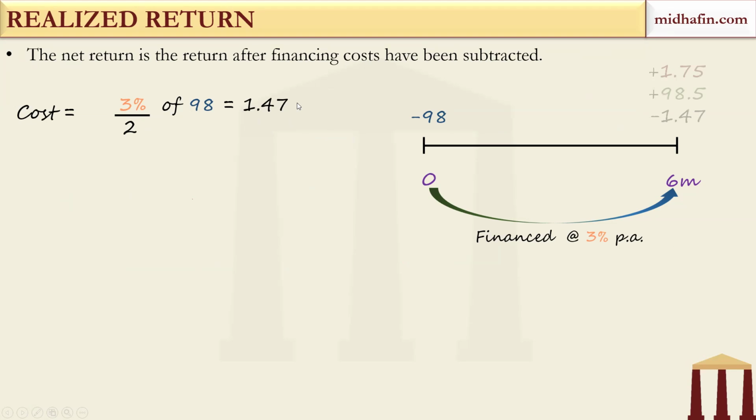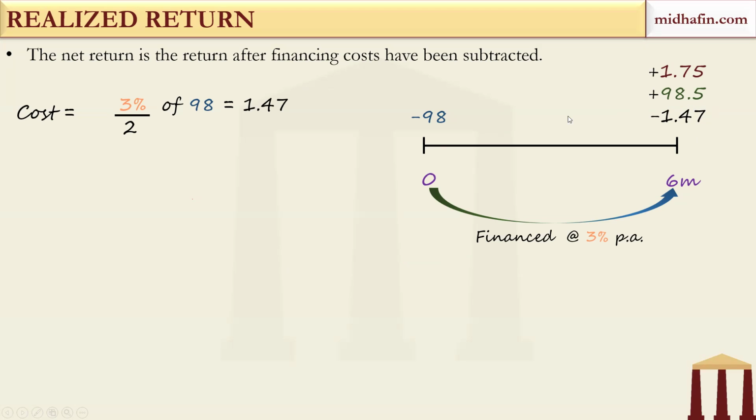Now I know the cost of financing. Then at the end of my holding period, what I'm receiving is the coupon of 1.75, the cash that I receive after selling the bond in the market, and I'll have to pay back the financing cost also. I borrowed 98, so now I have to pay back 99.47. So in extra, I am paying 1.47.